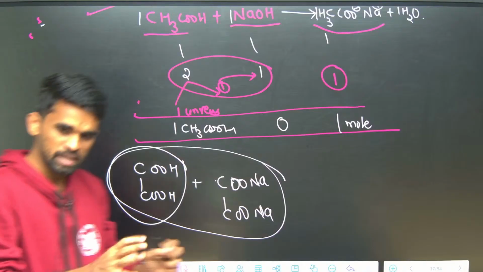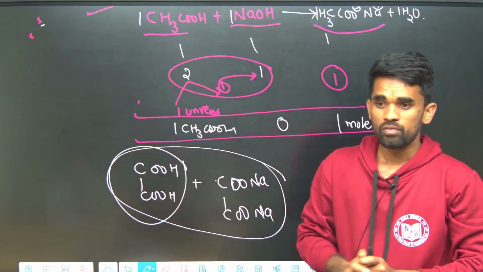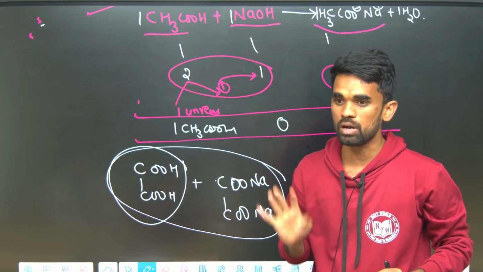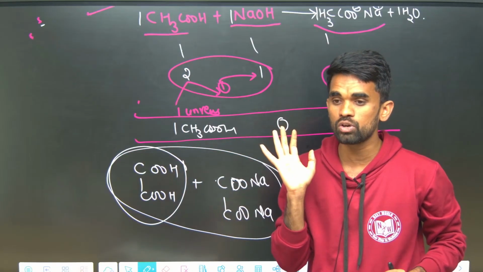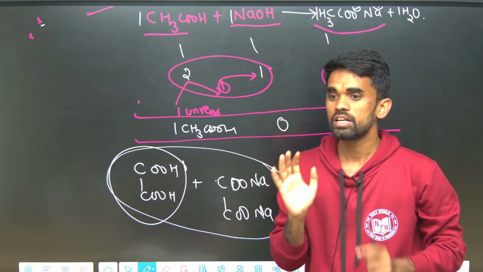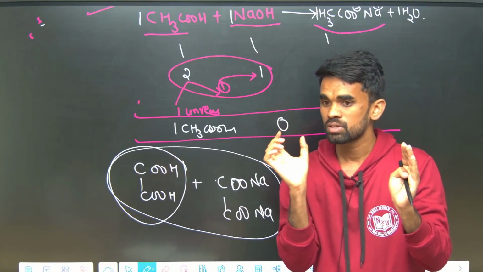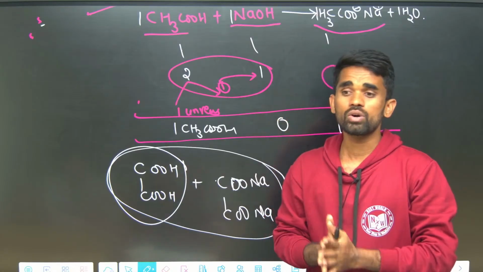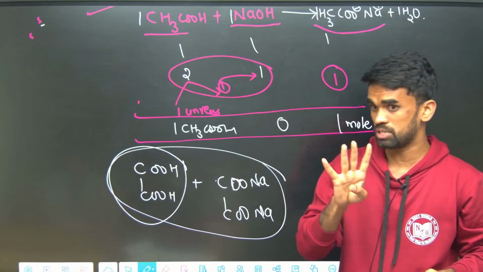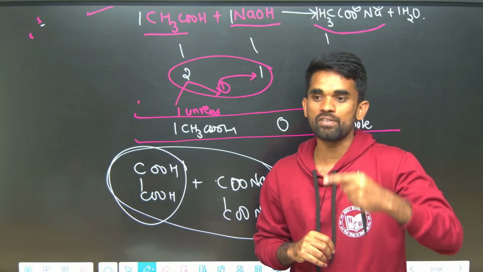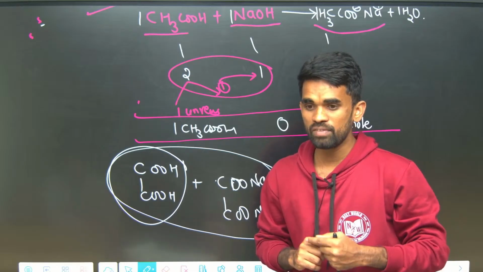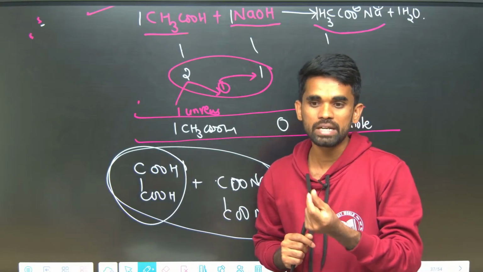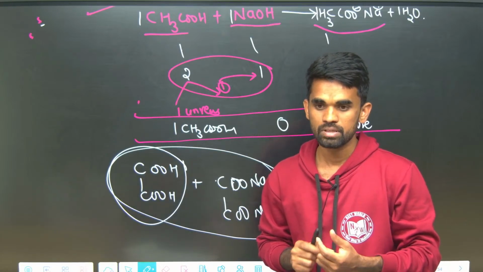An acidic buffer. In the exam they will give us 4 options: identify the buffer solution or acidic buffer from the following. What should be the primary criteria you look for? It should be a combination of a weak acid plus the salt of that weak acid with a strong base. Which one should be limiting and which should be in excess?